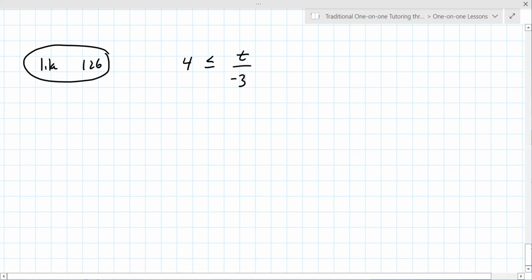When it's t over -3, you would have to multiply -3 since it's dividing. Yes, you multiply both sides by -3. Absolutely.